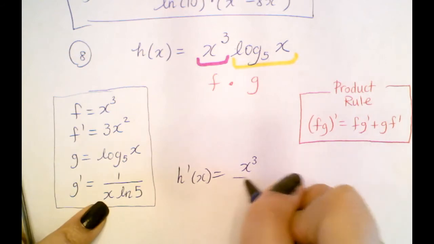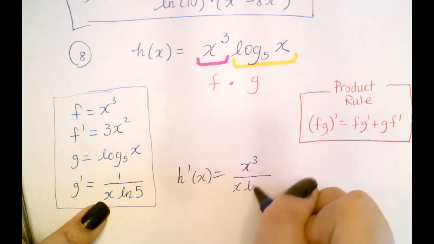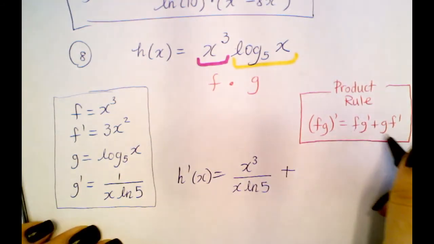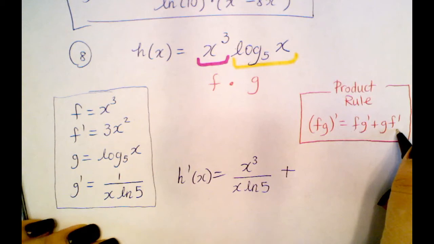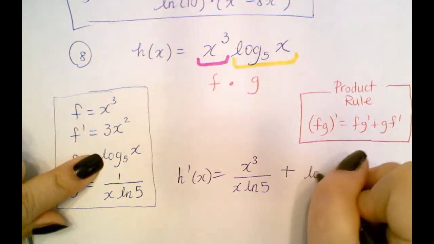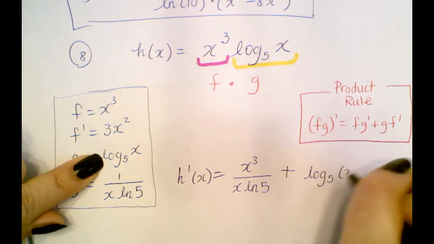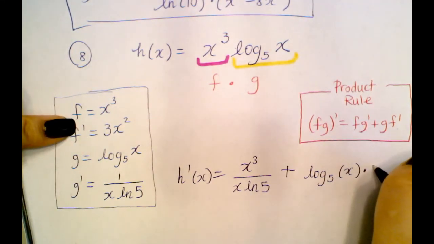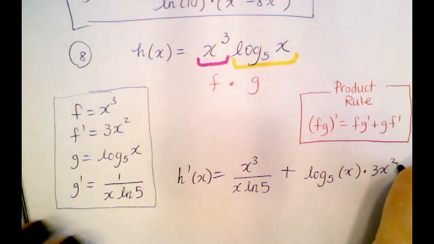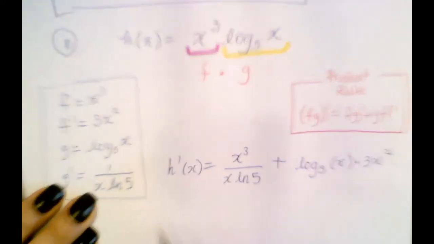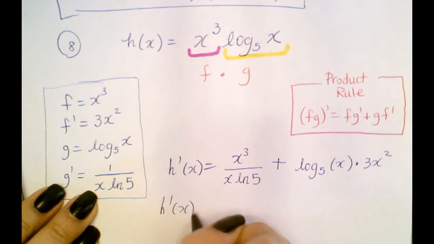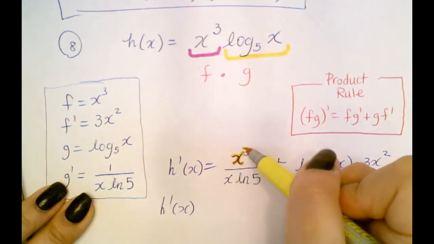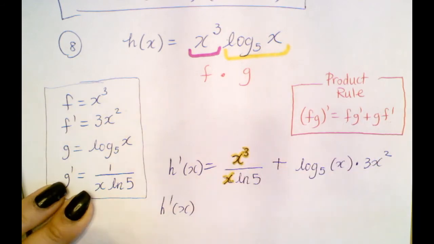I'll just make it 1 over x times natural log of 5, plus g times f prime. g is log base 5 of x times, what's f prime? f prime is 3x squared. Okay, that is it. But let me simplify this one more step. Do you notice there is x cubed, and there is x right here? So we can simplify that.